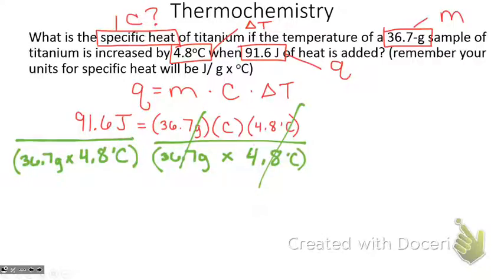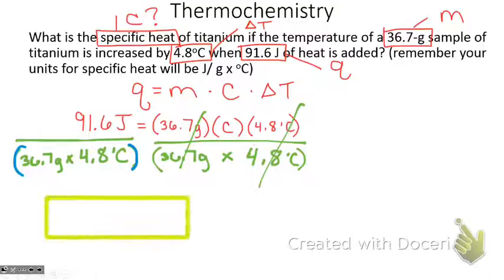And another important thing I want to point out here is notice how I'm putting parentheses here in the denominator. When you punch this in your calculator, you have to remember parentheses around that denominator. Otherwise, your calculator wants to divide first when it really should multiply first. So punch in your calculator 91.6, hit the divide button, open parentheses, 36.7 times 4.8, close parentheses, and then hit equals.